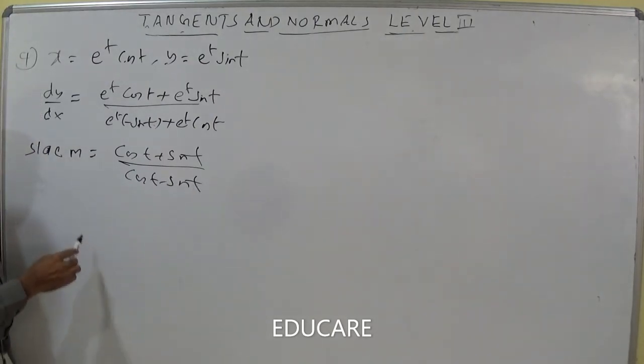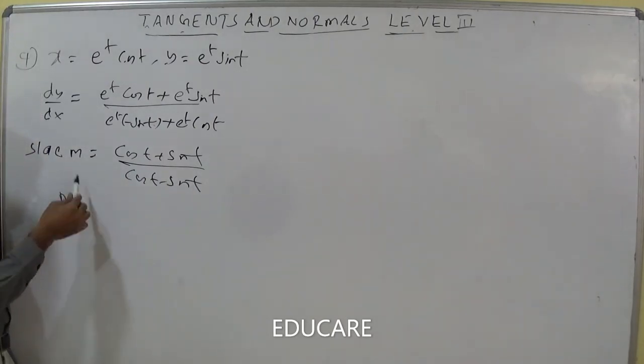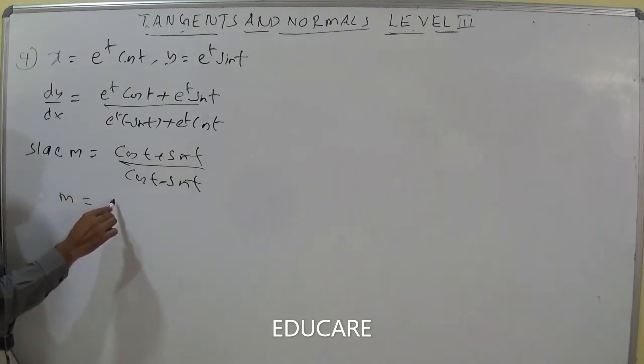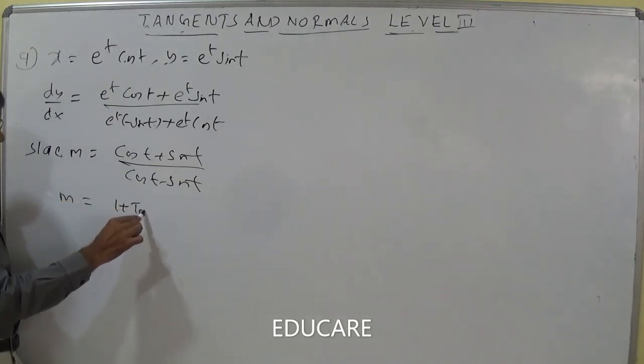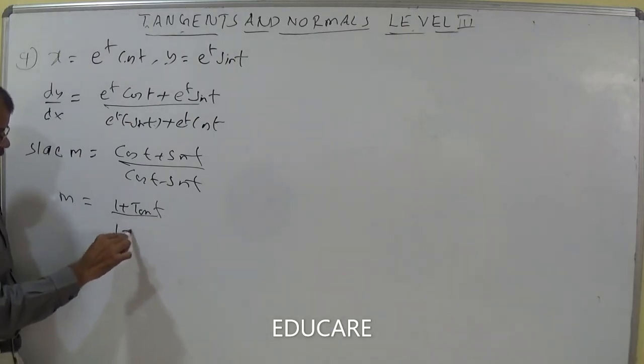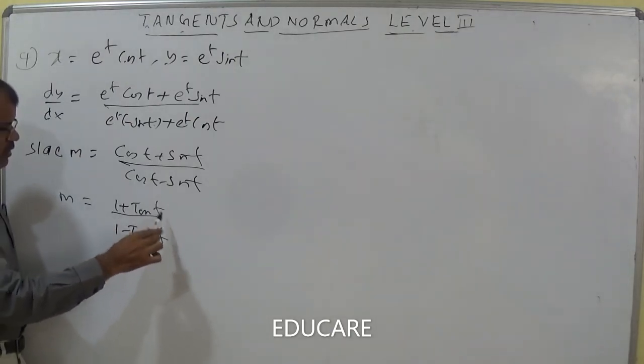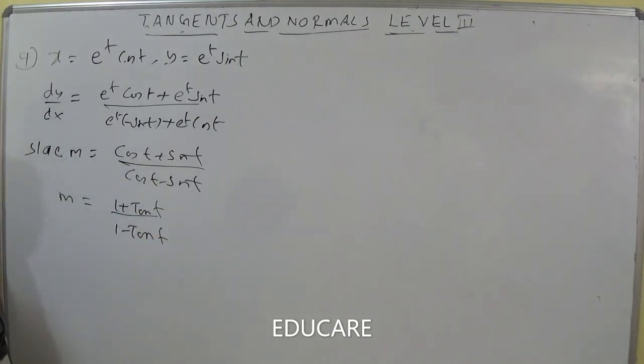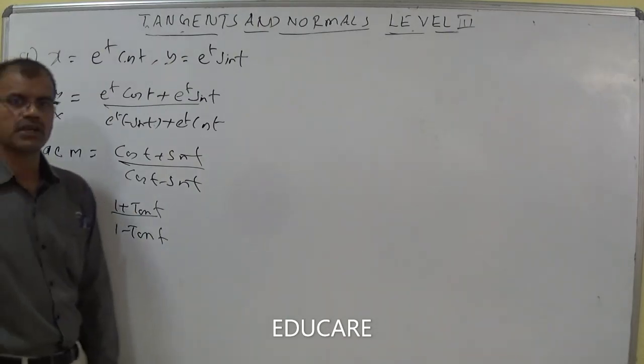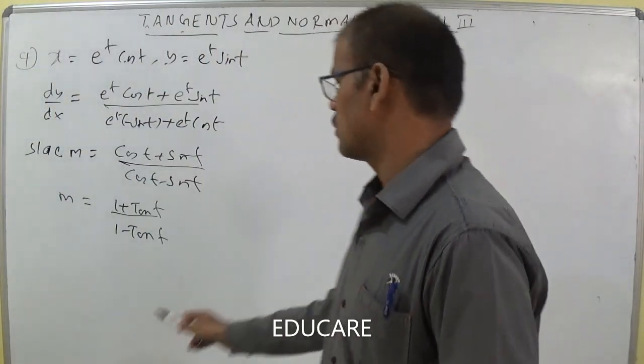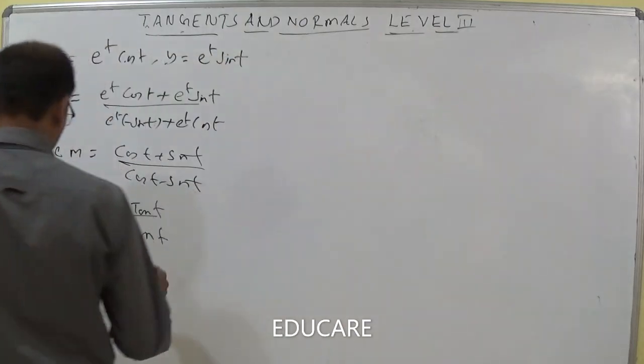If you divide by cos t, you will get 1 plus tan t by 1 minus tan t. I mean, you divide the numerator and denominator by cos t. You know the formula of tan of a plus b.